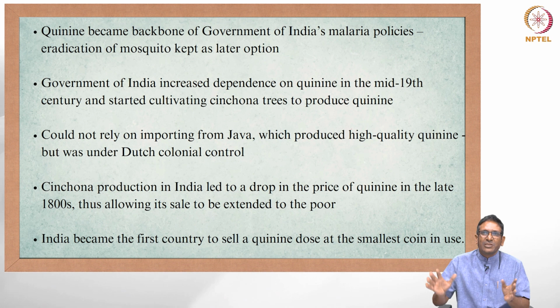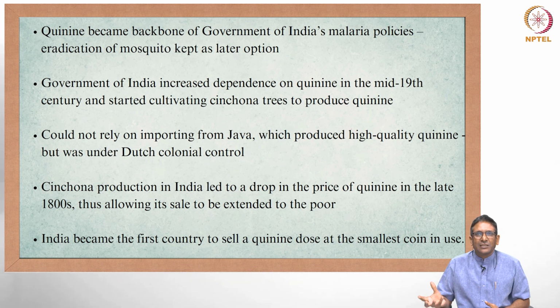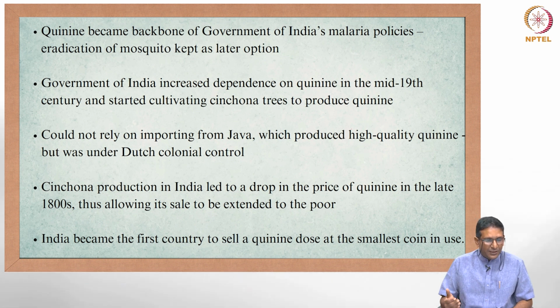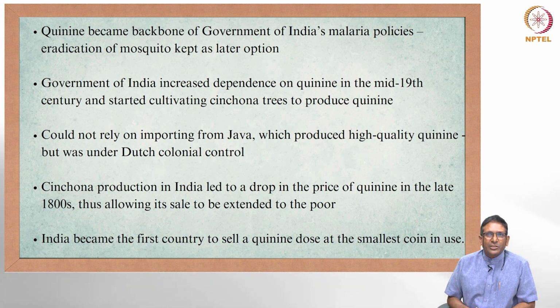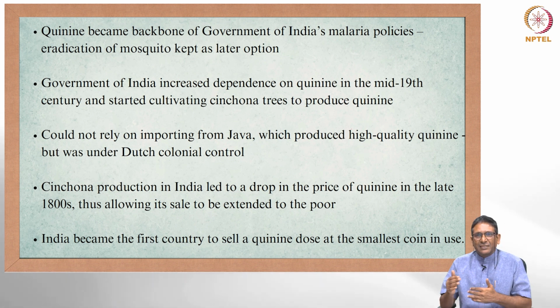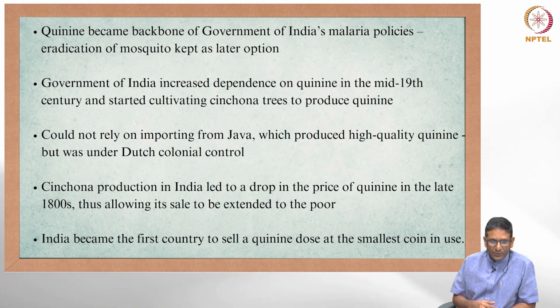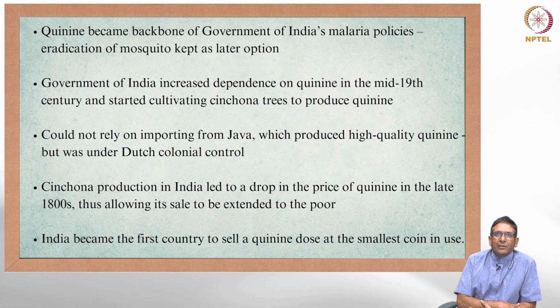So there was a continuous dependence on import from Dutch-controlled Java. But because of this initial success in the local production, however, despite the shortcoming in the quality, because of the local supply, the price of quinine could drop.